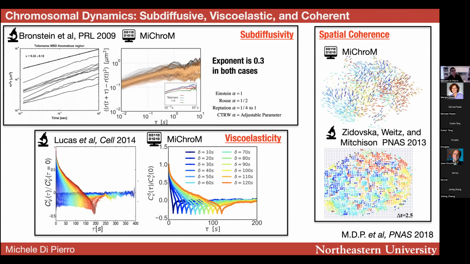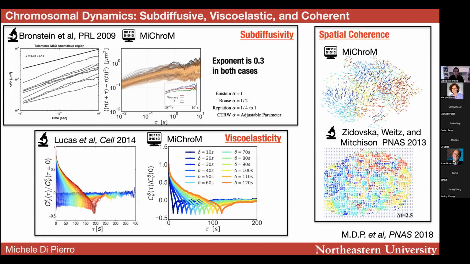And then we looked at the dynamics experiments, optical experiments probing chromosomal dynamics. They were seeing subdiffusivity of loci, viscoelasticity, which is evident by a negative peak in the velocity autocorrelation function, and spatial coherence.